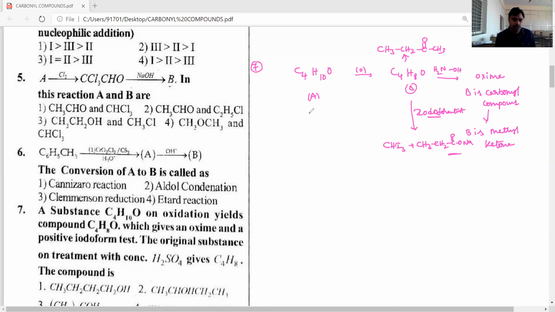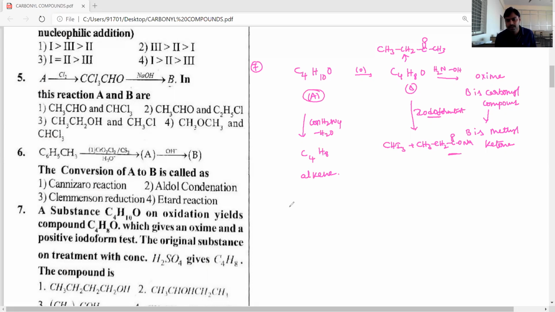Okay, now another important hint they also gave. This A is treated with concentrated H2SO4, loses a water molecule and produces C4H8 alkene. Alkene is formed.